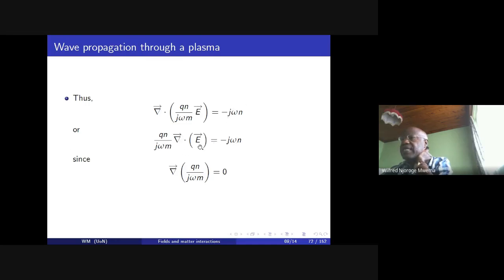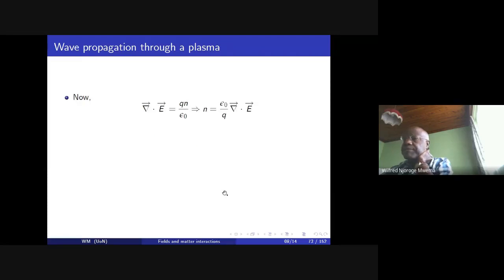And when we look at the divergence of E, we can write it as shown there, when we take these values as relatively independent of space. That is, the gradient of q m j omega m is equal to 0, where we are assuming that the density of electrons does not change much with space.